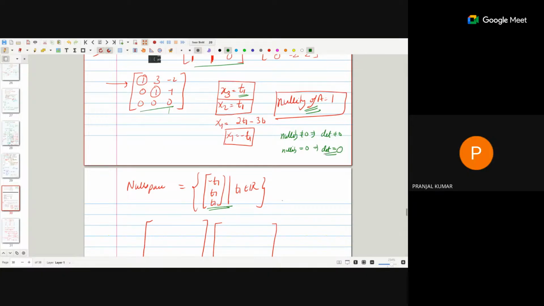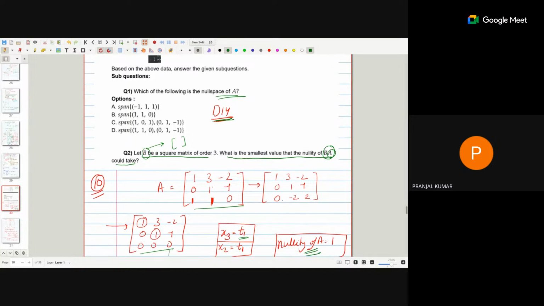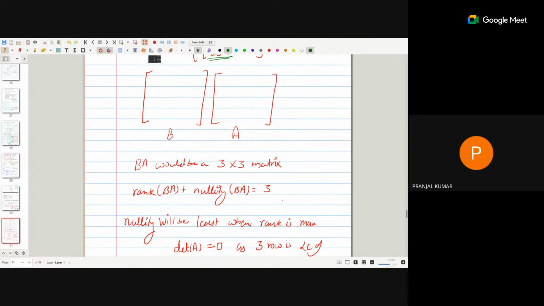So we will use this here because they have said let B be a square matrix. Now we don't know what this matrix is. They have given us no information at all about B, but we know some information about A. They are asking what is the smallest value that the nullity of BA could take. So we will use that here.